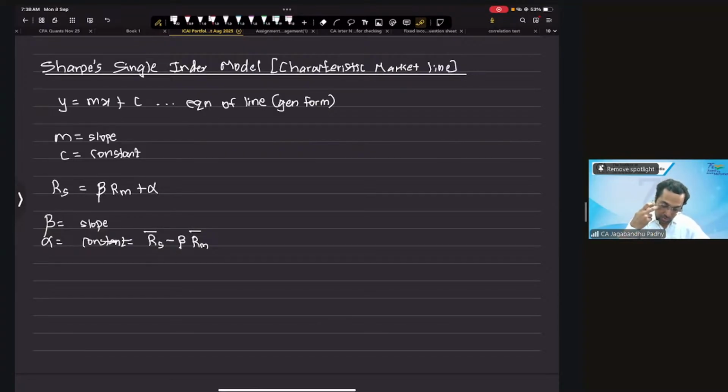So this is generally the equation from which we are going to form the characteristic market line. To form this equation, we first need to get the value of beta, and once we get beta, alpha can also be obtained.